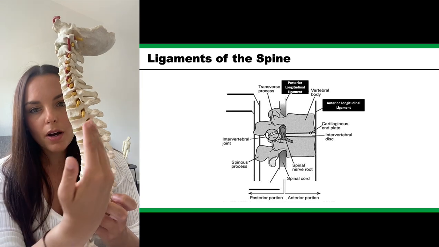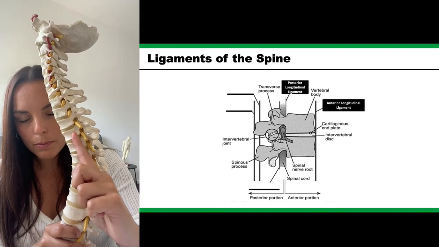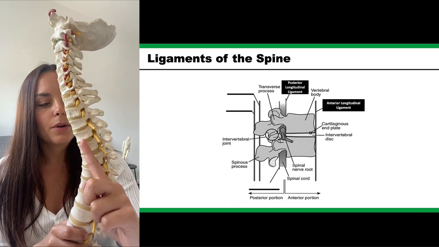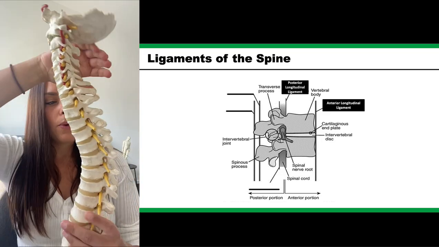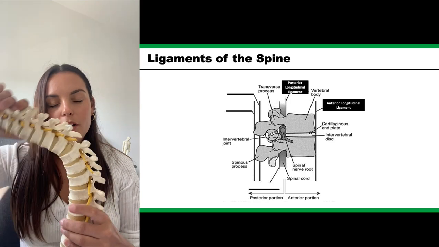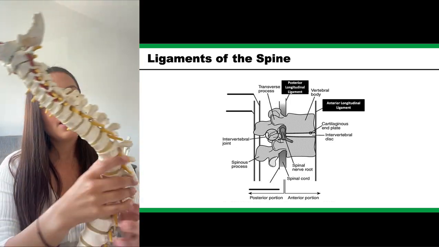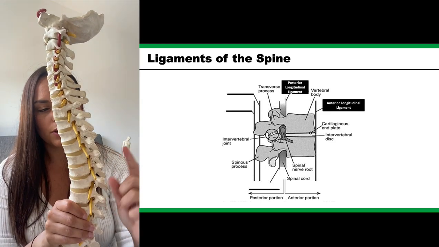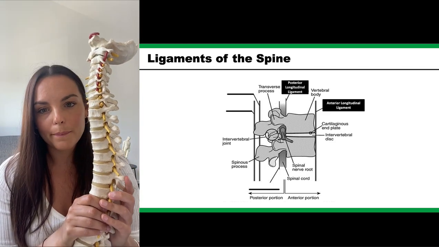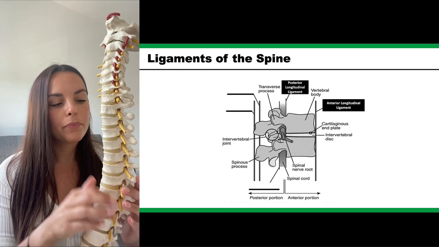And anything behind the center of the bodies of the vertebrae is going to get stretched or pulled tightly when I flex my spine or when I bend over forwards at the trunk. So anything behind the center of the vertebrae is going to pull tight and work during flexion of the spine.